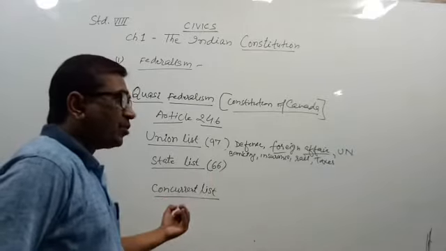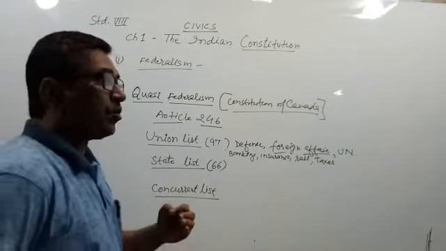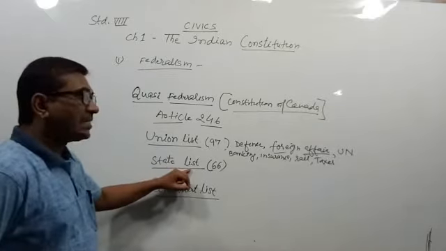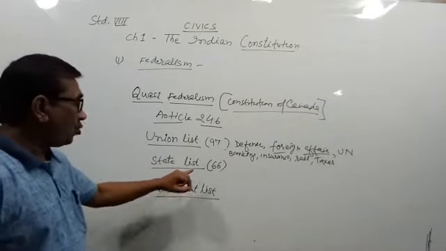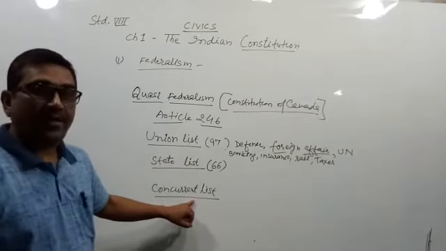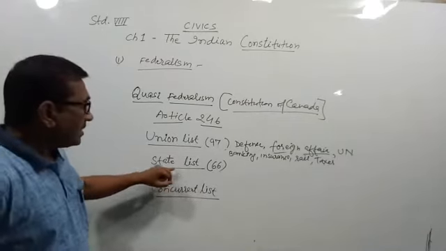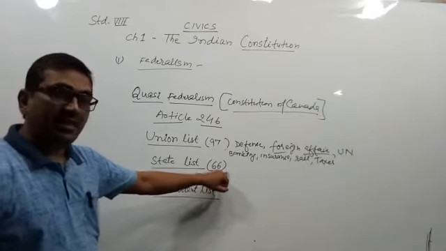Why has the number been reduced? The number has been reduced because one subject has been transferred from the State List to the Concurrent List. The State List contains 66 subjects.